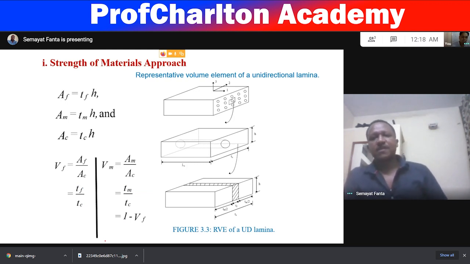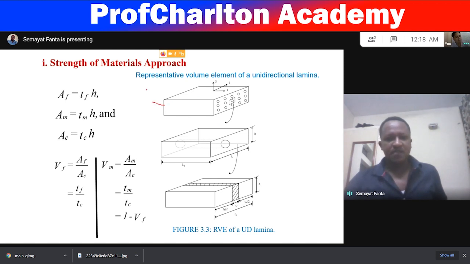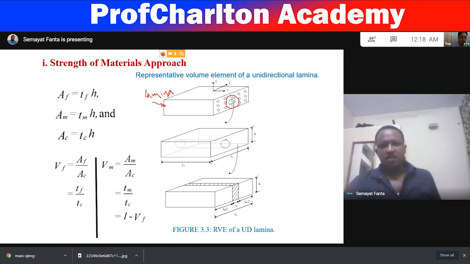So in the strength of materials approach, we can take a lamina. This is a lamina. From this lamina we can take a small representative volume, which is called the representative volume element, RVE.